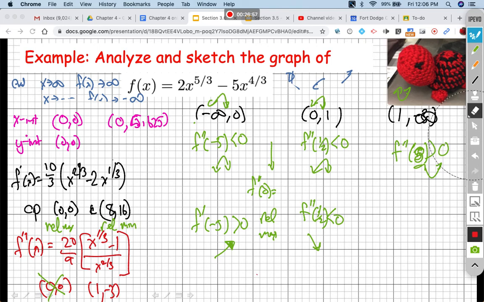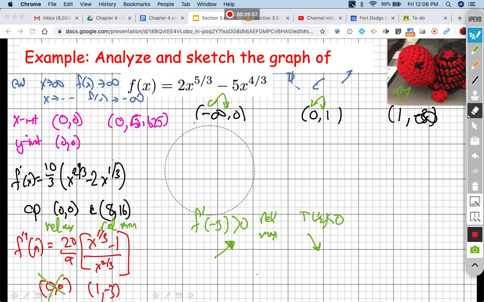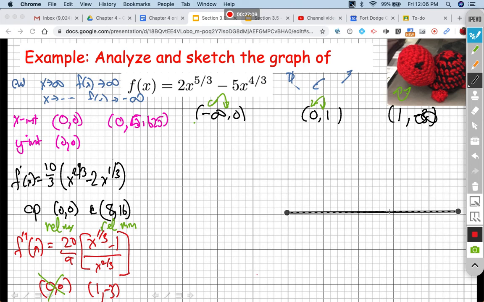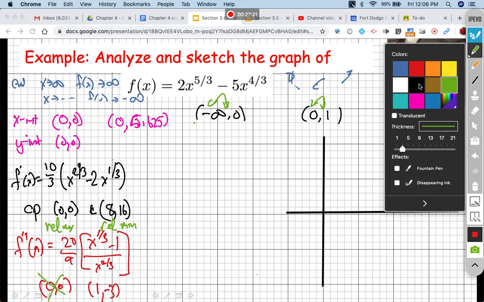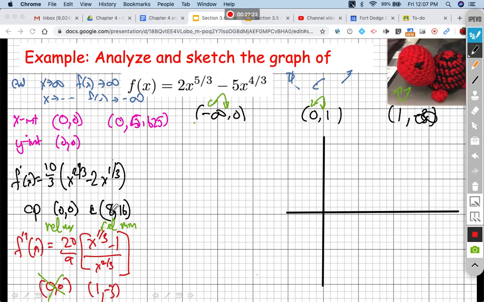So let's draw this graph. Here I have to get out at least to 8.